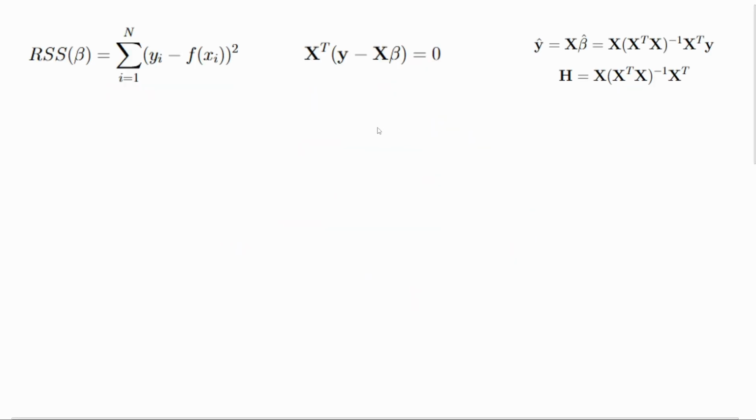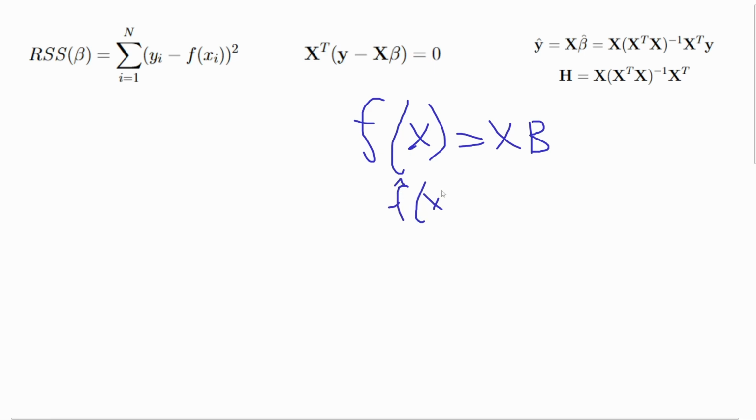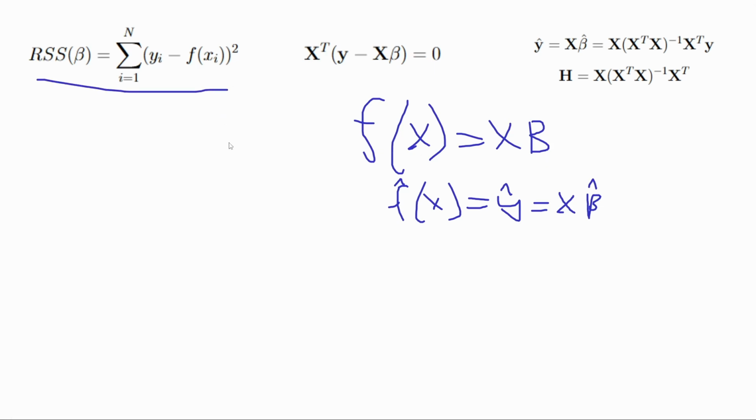So to summarize what we did, we first defined some model, right? f of x is equal to x times beta. And our prediction is f hat, which you can say is y hat, is equal to x times beta hat, where beta hat is the parameters which minimize the residual sum of squares. Or it can actually be any loss function, but we're just looking at the residual sum of squares.